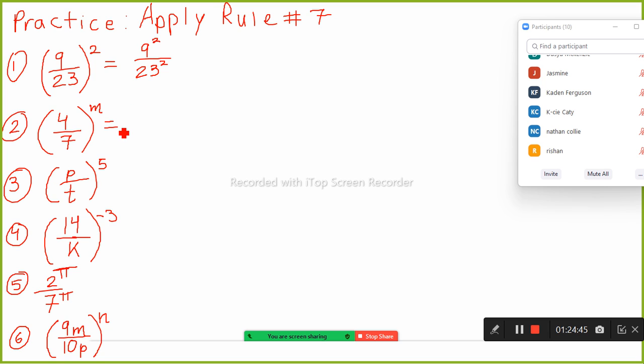Bernie, can you help me with number 2? Mine was 4 to the power of m over 7 to the power of m. Excellent. Jasmine Lowe, can you help me with number 3? T to the power of 5. Excellent.